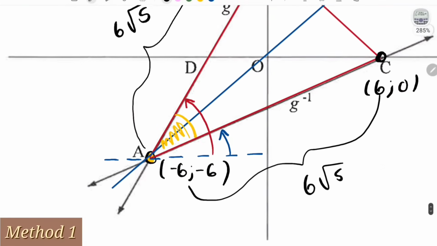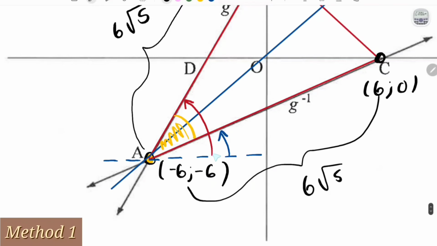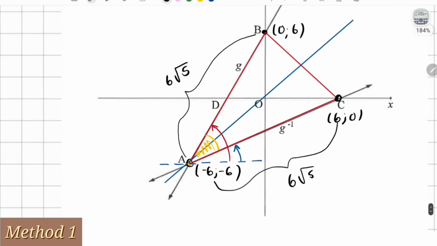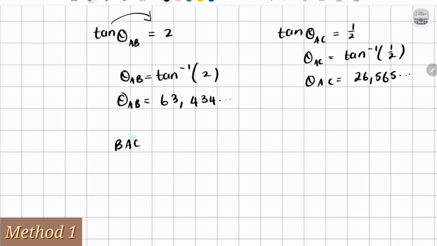So remember again, we find this angle by taking this larger angle minus this little angle. Okay, so I'm just finding that angle BAC. So I'm going to name it. I'm going to take the bigger angle minus the smaller angle. So BAC, we'll find that angle by saying theta of AB minus theta of AC.